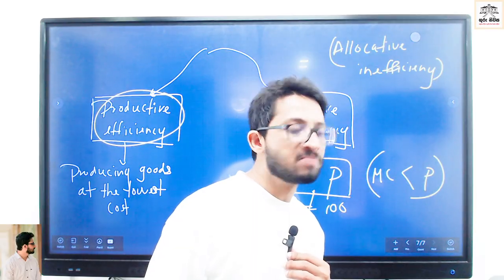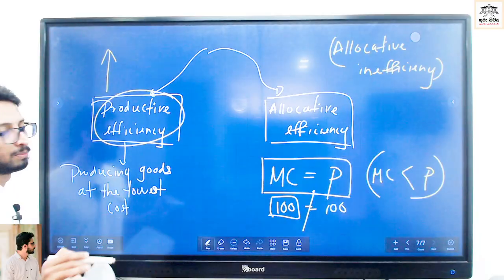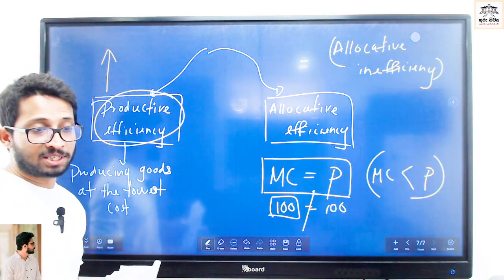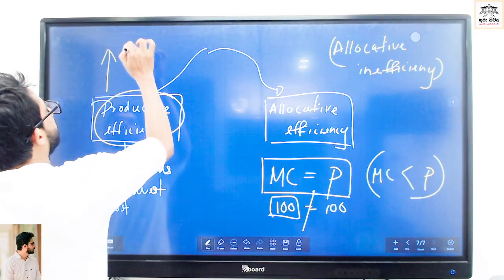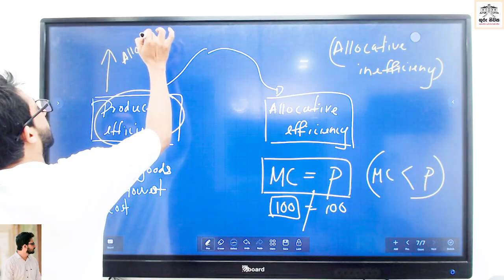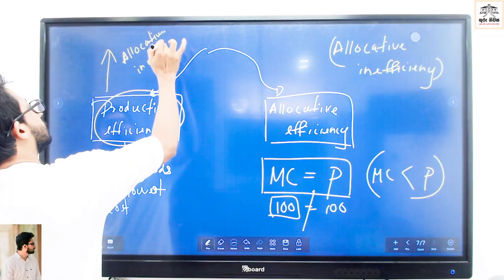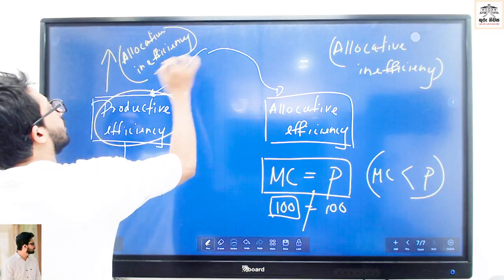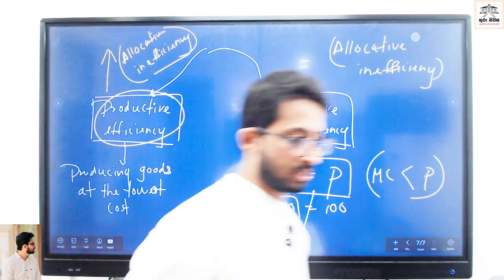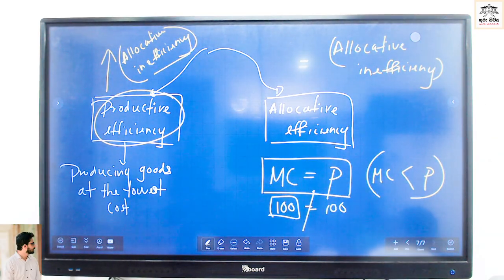Yes, sir. Right. So remember, in the monopoly market, we can't see allocative efficiency. It's allocative inefficient. Can you write this down? Allocative inefficient. Sorry, not allocative.